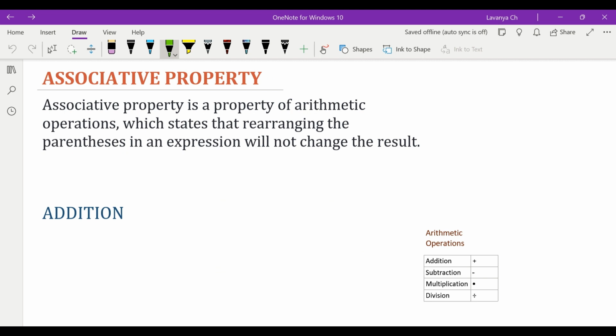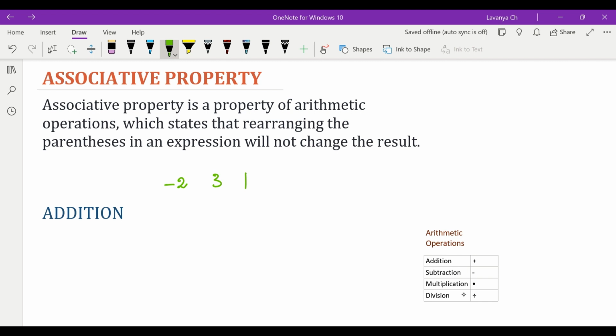Here rearranging the parentheses means we have to do the operation in a different way, for which we need more than two integers involved here. So we'll take three integers and see this property. Let us take simple numbers like negative 2, 3 and 1.